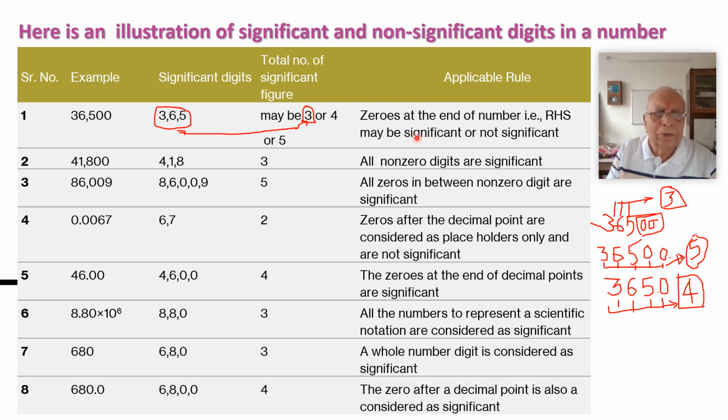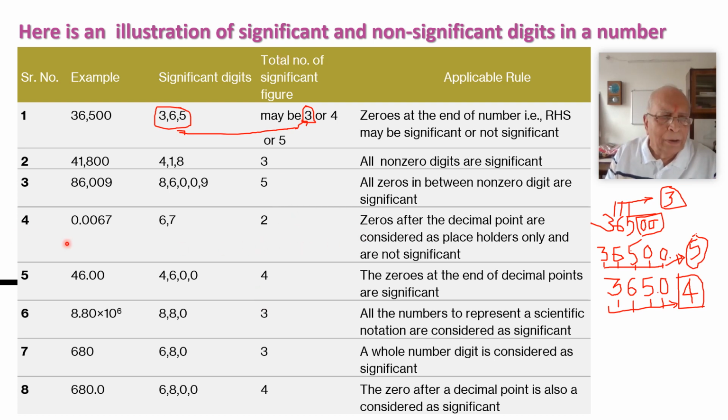This particular case I have provided to you especially to make you understand that zeros at the end of the number, means right hand side, may be significant or non-significant depending upon how it is placed, and that is represented by a decimal point. And like that, here are certain numbers. All the applicable rules are given here.